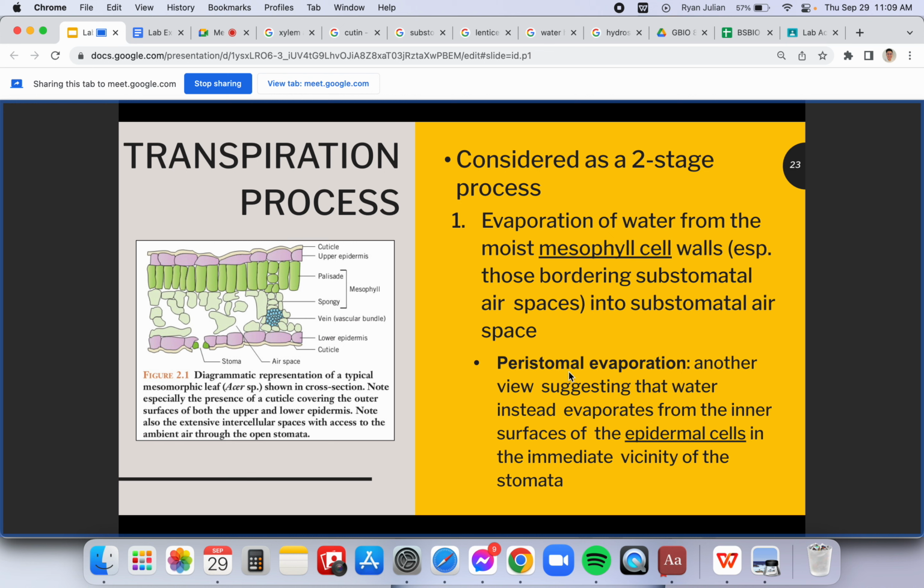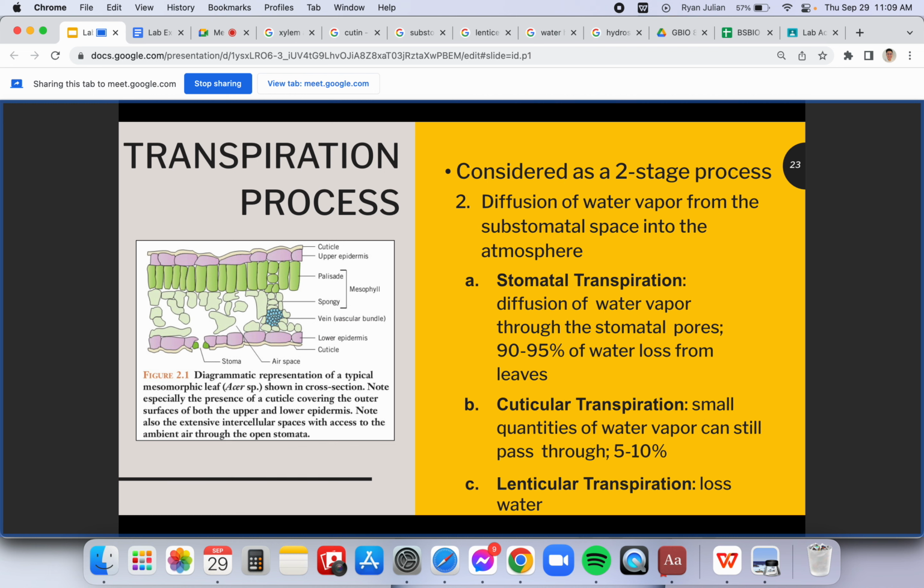For the peristomal evaporation, another view suggesting that water instead evaporates from the inner surfaces of the epidermal cells in the immediate vicinity of the stomata. And for the second stage process, diffusion of water vapor from the substomatal space into the atmosphere, which can be categorized into two types rather of transpiration.